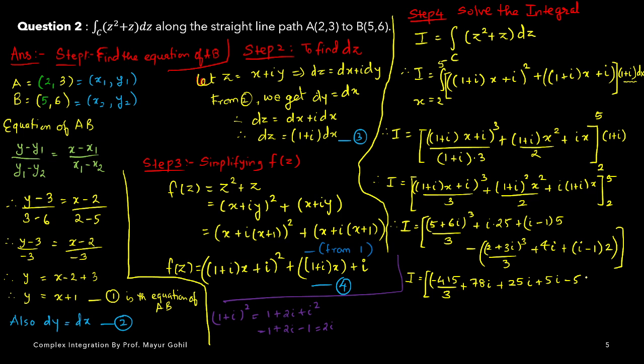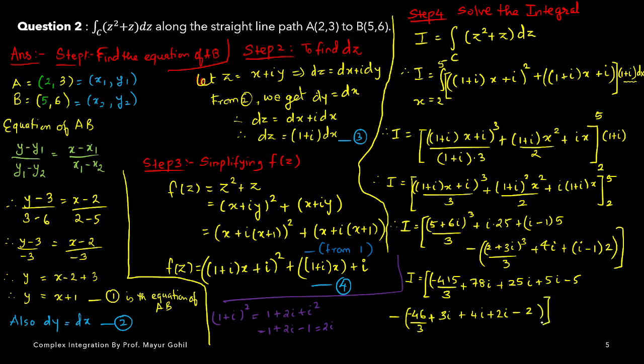That's what you get. Now further, when you have here 2, you get here minus of 46 over 3 plus 3I, and then there is 4I plus 2I minus 2.